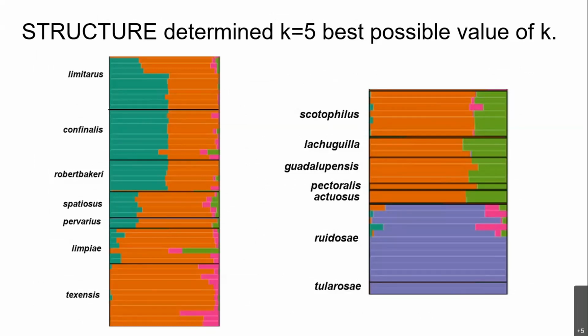So what you do is you run K equals 1 through K equals 20, however many you want, with different replicates of each, and then STRUCTURE will determine the best possible value of K. If you've never read a STRUCTURE plot, basically each bar is an individual, and however much is colored of each bar represents the membership coefficient for a certain cluster. So for Thomomys bottae, we tested 14 groups. STRUCTURE determined that K equals 5 was the best possible value of K based on genetic similarity.